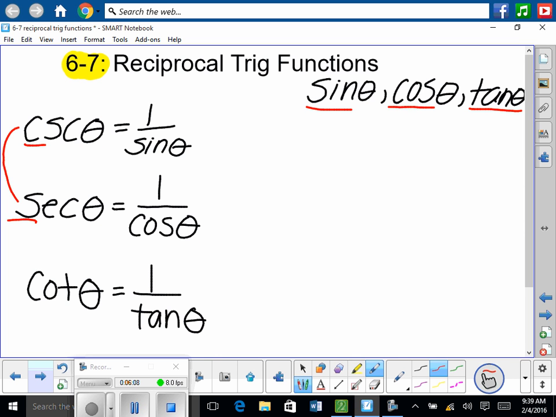So see how this one starts with an S? It's the opposite with the reciprocal, so it would be the cosine. C starts with not S. Does that make sense? Because a lot of people say S, so it must be sine. Do you get what I'm saying? It's just a little trick I use. Otherwise, you can just memorize it. And then cotangent literally says the word tangent in it, right? So that one's pretty easy.